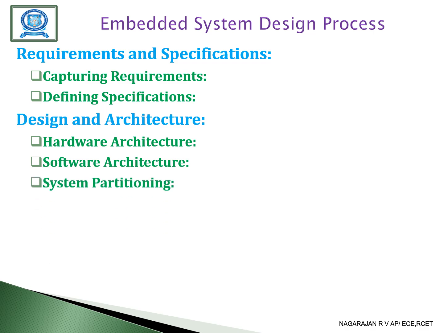And the next one is system partitioning. The system functionality is divided into hardware and software, with a decision on what should be implemented in firmware, what in software, and what in dedicated hardware like an FPGA or ASIC chip. Effective partitioning can optimize performance and reduce power consumption.